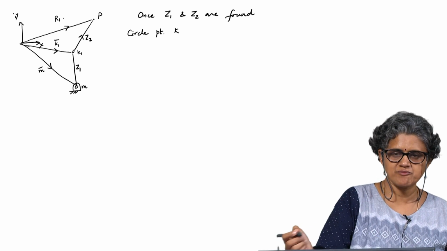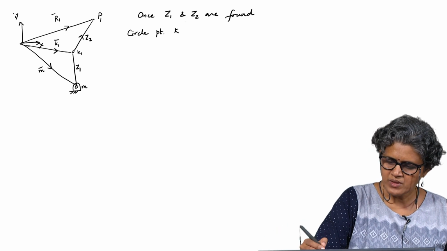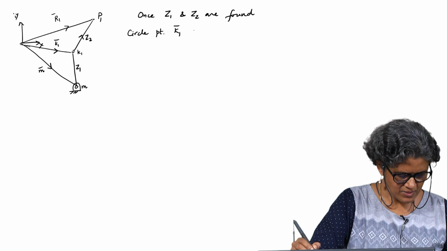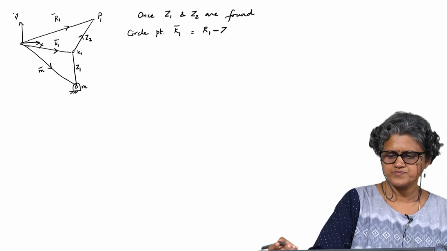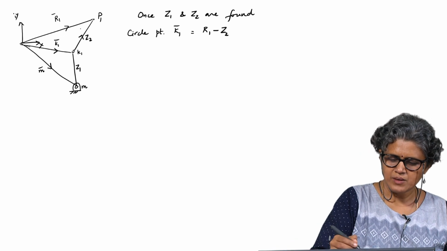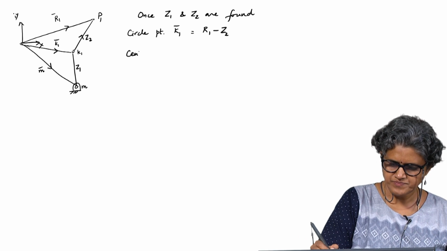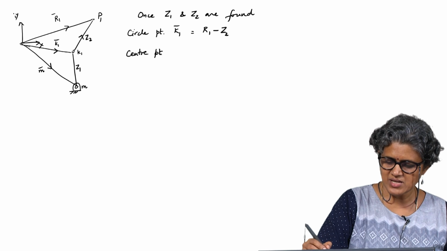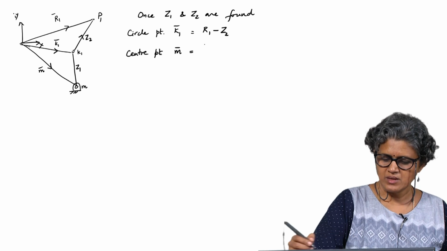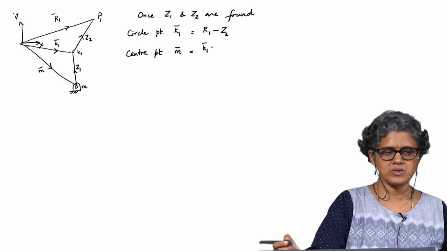My first position, my first precision point. This should be P1. So, circle point K1 is defined as R1 minus Z2. Okay. R1 minus Z2 is K1, and then my center point, moving pivot, or my center point or fixed pivot, M is K1 minus Z1.